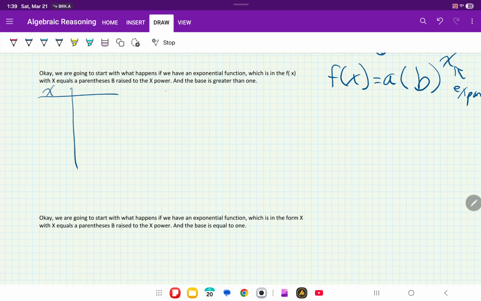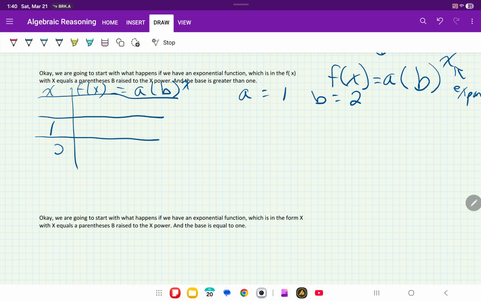We have our input, which is x, and then our f of x, which I'll write as a, parentheses, b raised to the x power. In this case, we start with a equal to 1, and our base is going to be 2, because that's the next integer value greater than 1. I'm going to leave 0 for a minute because we'll go backwards on that one. If I put in 1, 2, and 3.